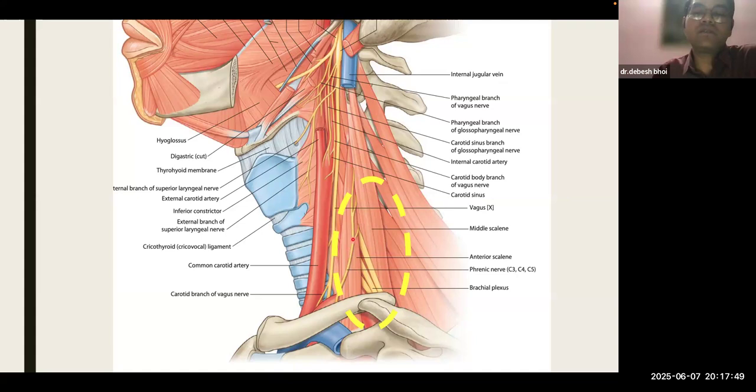The relation of the phrenic nerve is very important, because whenever you are depositing a drug close to this interscalene area, the phrenic nerve is closest at the level of C5. As it goes down, in the lower interscalene and supraclavicular area, the phrenic nerve becomes more medial, so the distance increases. That is how we can identify the phrenic nerve, avoid injury to it, and also avoid drug deposition in that area.